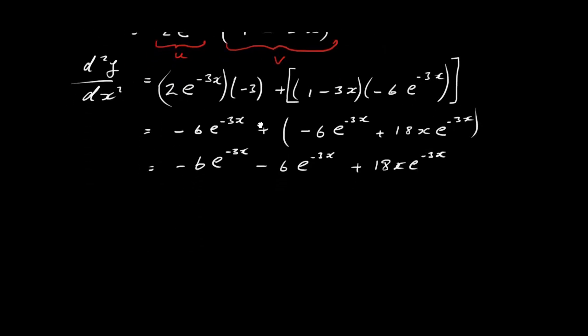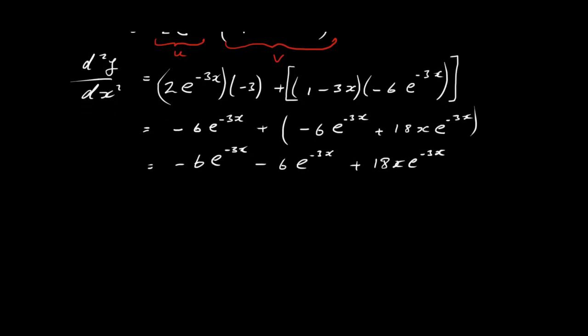And again, if we just add these, we should end up with minus 12e to the power of minus 3x. Yeah, and then first of all I'm going to have this 18. I'll put the 18 first. 18x e to the power of minus 3x minus 12e to the power of minus 3x.